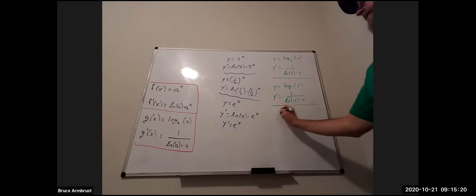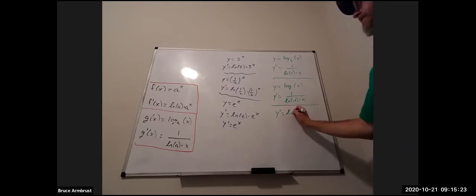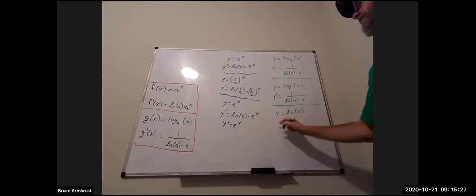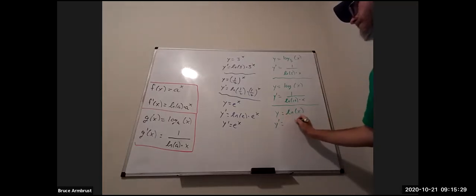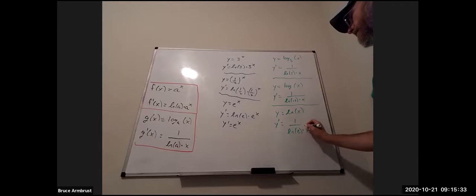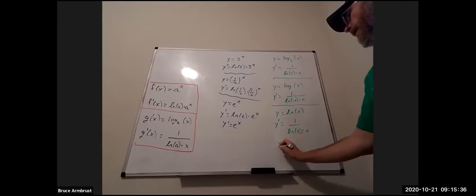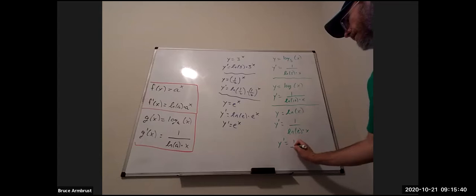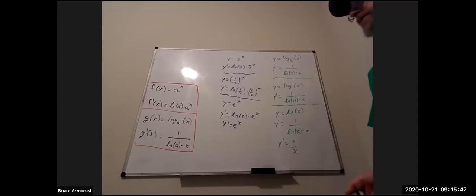But again, the nice one is natural log. Because if we've got y equals natural log of x, then y prime is 1 over the natural log of e times x. And again, just like with the exponential, the natural log of e is 1. So that guy's just plain old 1 over x.